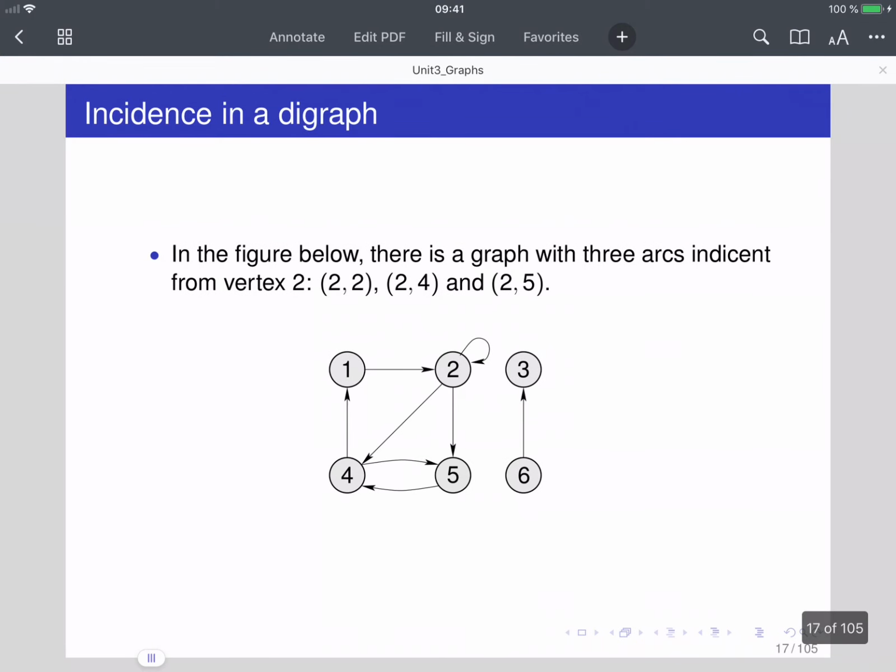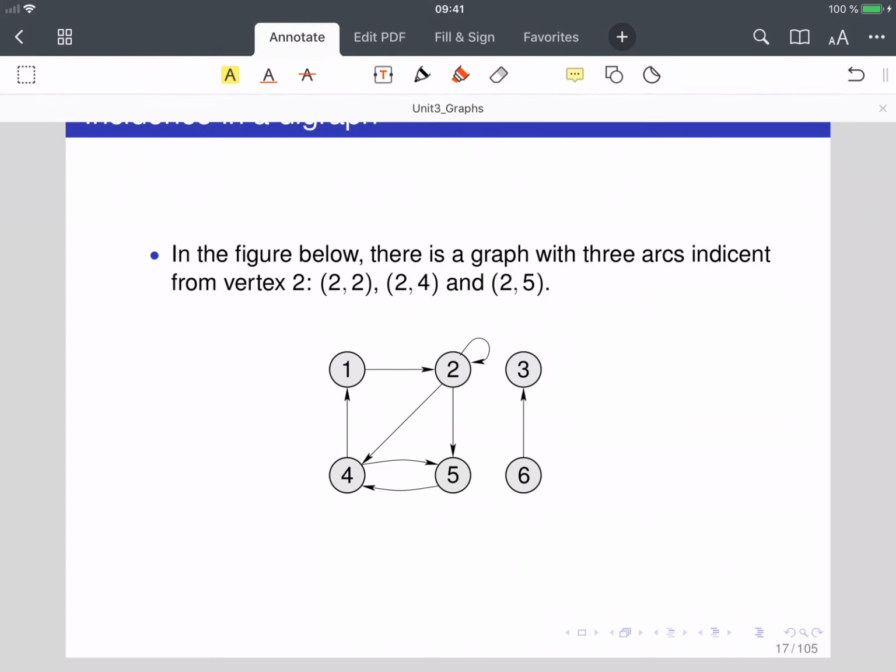Here is another example in which we can see how these definitions are stated in a particular case. We have a directed graph with 6 vertices, and we are going to focus on vertex 2, which has 3 arcs that are incident in this vertex: the arc 2,2, the arc 2,4, and the arc 2,5.